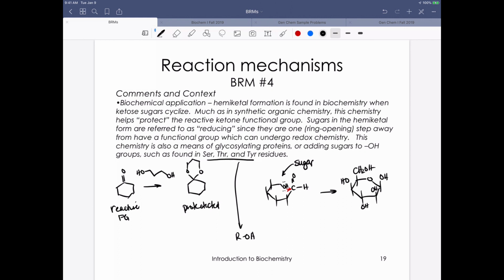And so this is a way that we can do the same kind of chemistry to glycosylate proteins, where we add sugars to the OH groups of these amino acids. And so if there's one of those amino acids on the surface of a protein, we can actually use it to connect a sugar to it, and that's how we can modify and functionalize proteins. So some really important biochemistry that we'll see with this type of reaction mechanism.